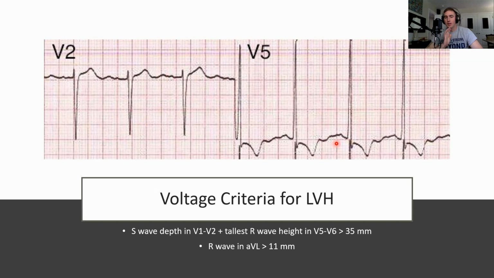If the combination of those is greater than 35 millimeters, then that is left ventricular hypertrophy. Also, if you have an R wave in AVL greater than 11 millimeters, that is left ventricular hypertrophy.